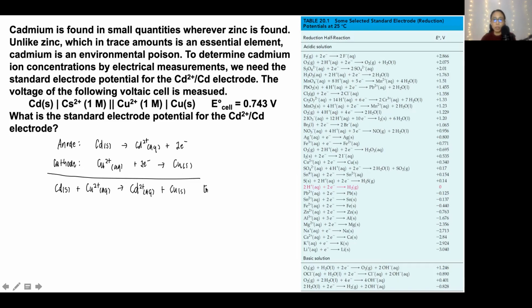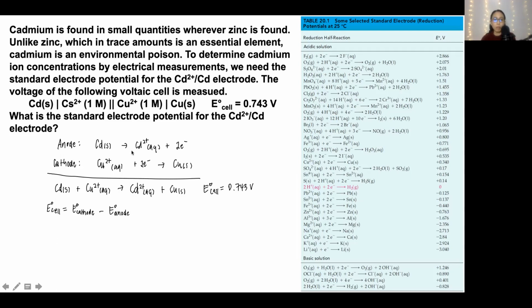For this redox reaction, the measured standard cell potential is 0.743 volts. So now we use the formula. Standard cell potential is equal to the standard electrode potential of your cathode minus the standard electrode potential of your anode. The unknown here is that of the anode, right?